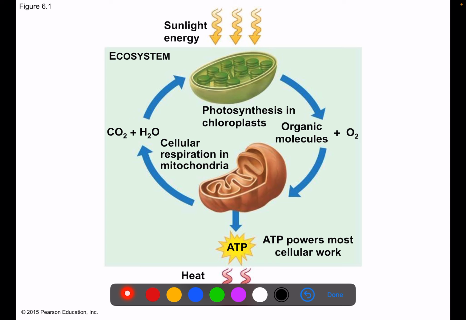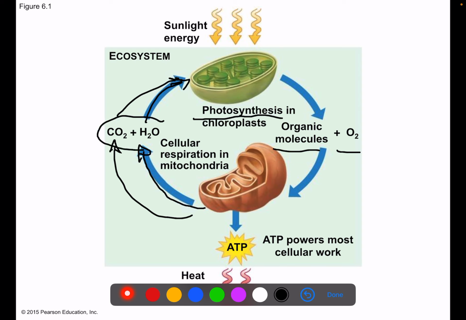In the process of breaking down sugar with the use of oxygen, we're also going to produce water and CO2, which you might remember are important for feeding the chloroplast that's going to be doing photosynthesis. So they're going to use these as their reactants and give us these products, whereas we are going to use these as reactants to produce those products.